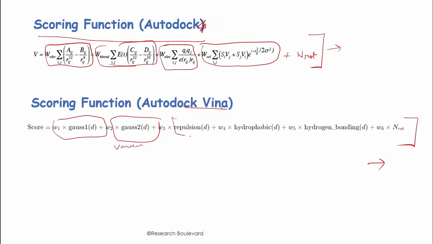So when you have found a molecule, let's say this is the active site, and you got a molecule that binds to the active site pocket, this is some kind of interaction.